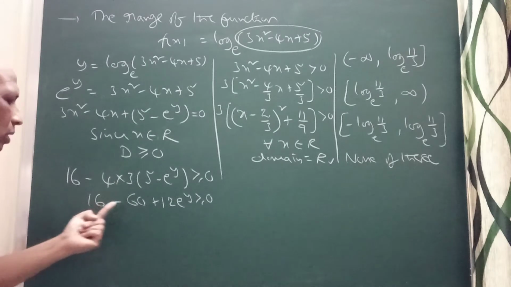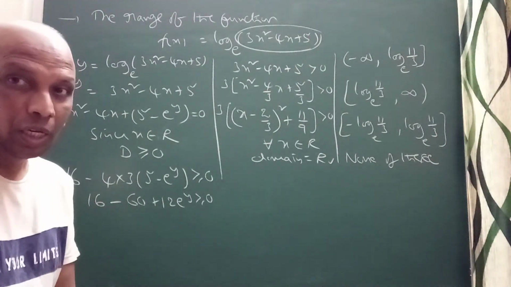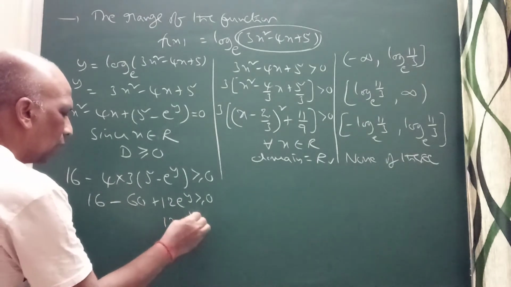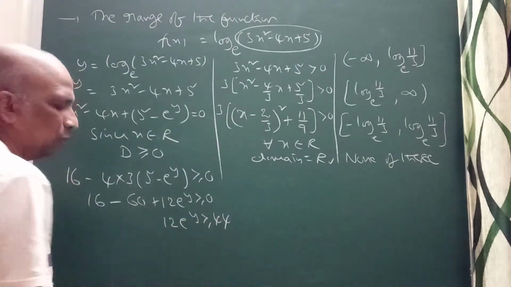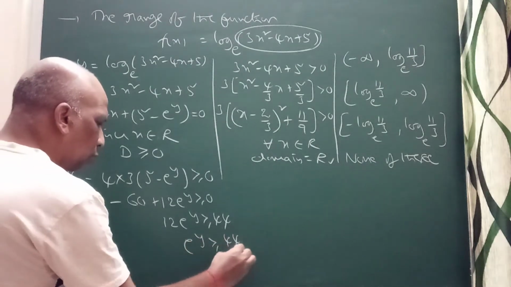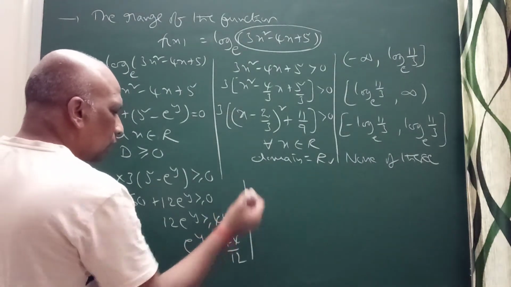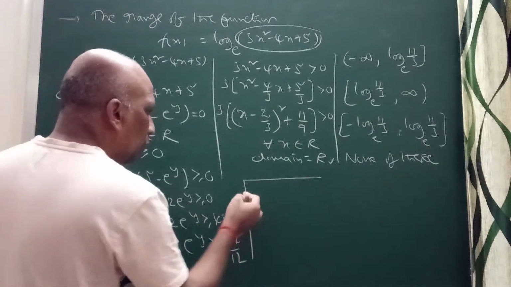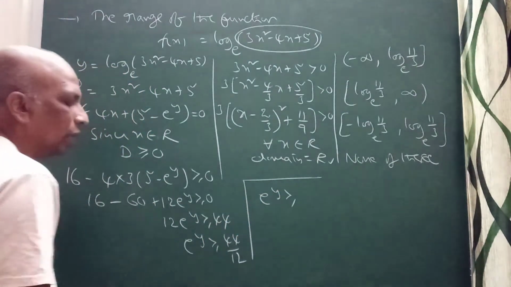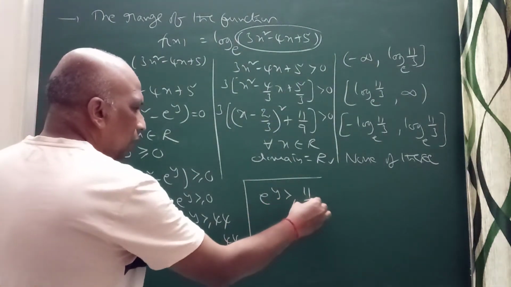So 16 minus 60 will come 44. So 12 e power y is greater than or equal to 44. Right? E power y greater than or equal to 44 by 12. Correct? So e power y is greater than or equal to 11 by 3.